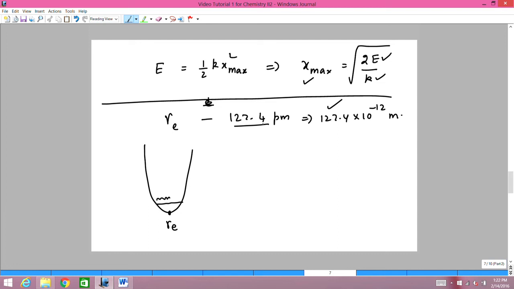If it is less than, say, 10% or 5% of 127.4, then it makes sense that the vibration is harmonic because the amplitude of vibration is very small. If it is a very large number, then the amplitude is very large. If the amplitude is very large, then the harmonic model breaks down. Therefore, when you calculate x max, you will know how close it is to the equilibrium bond distance, and that will give you the picture whether the molecular vibration at that energy is nearly harmonic or not.